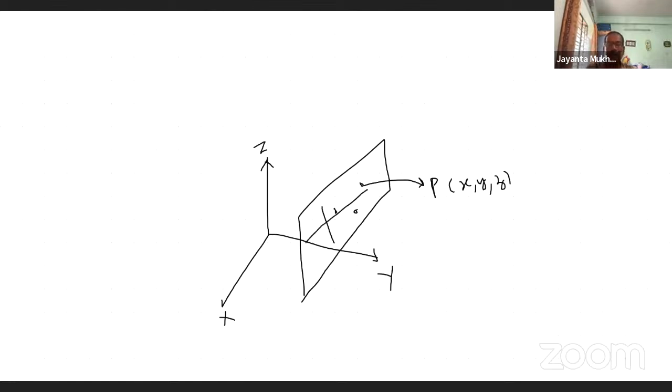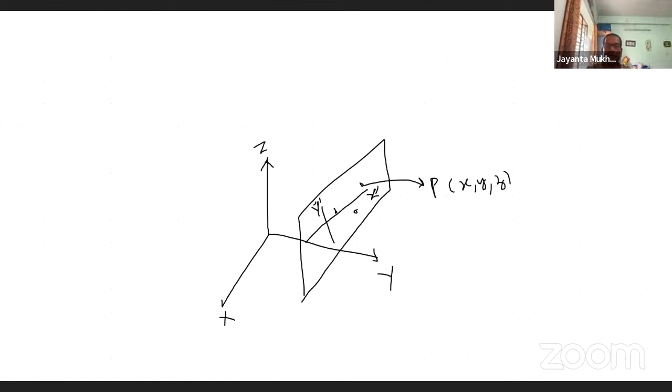On the plane, let us consider two orthogonal axes, following our conventional way of denoting, let me put them as x prime and y prime axes. And this point is expressed by the coordinates of this two-dimensional system.